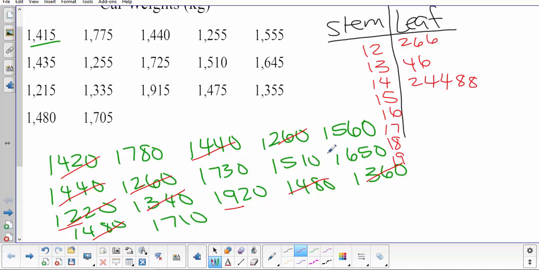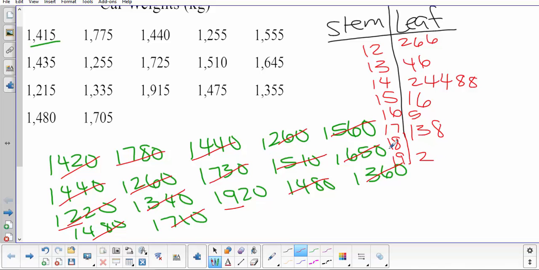Moving on, I have a 1510, so that's a 1. A 1560 would be a 6. I have a 1650, so I'll put a 5. 1710, 1730, 1780, and the only number I have left is 1920, so I have a 2.